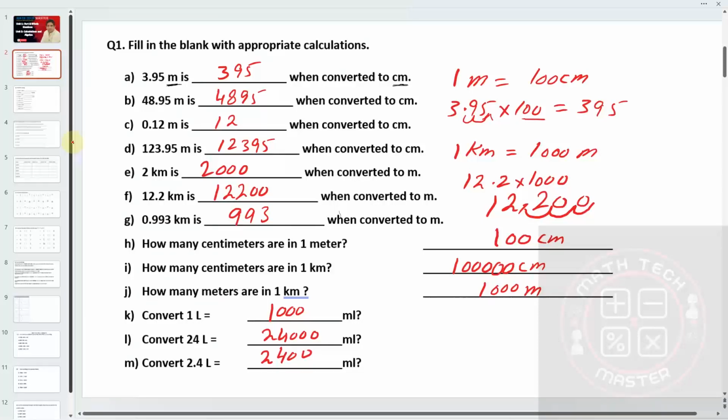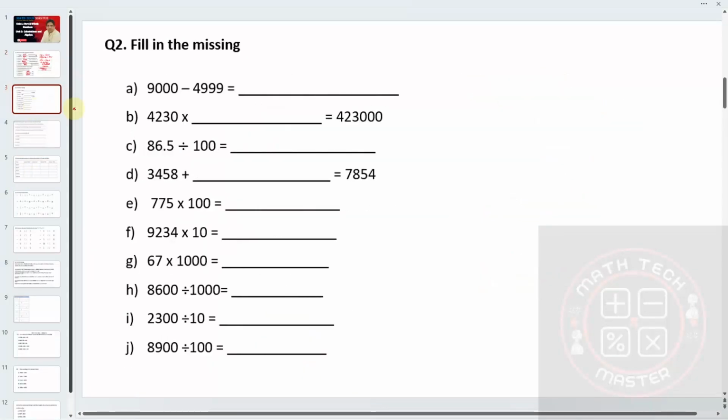So this was our first question, and I hope you have enjoyed it very much. It was quite easy to multiply numbers by 10, 100 or 1000. At the same time we were converting units from kilometer to meter, kilometer to centimeter, meters to centimeters, or liters to milliliters. Let's move to the next question, question number 2.